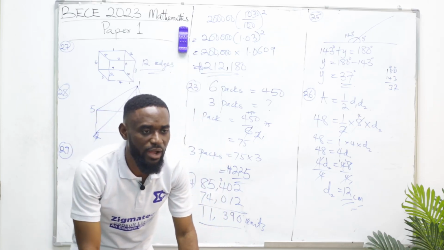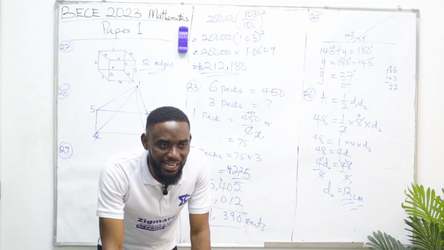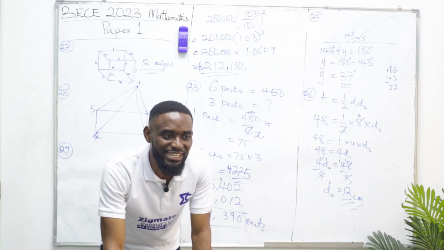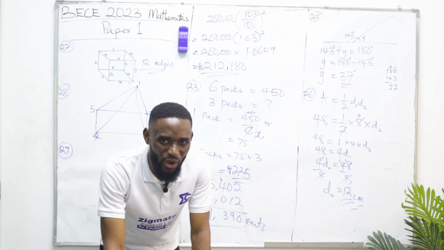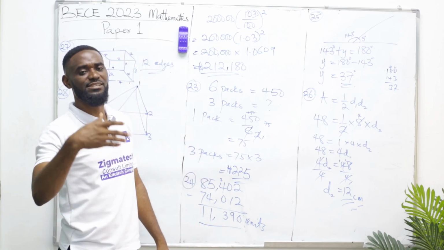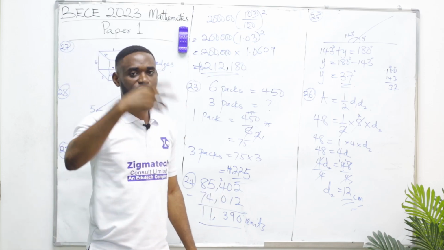So for a cylinder, the formula for calculating the volume is simply pi r square h.